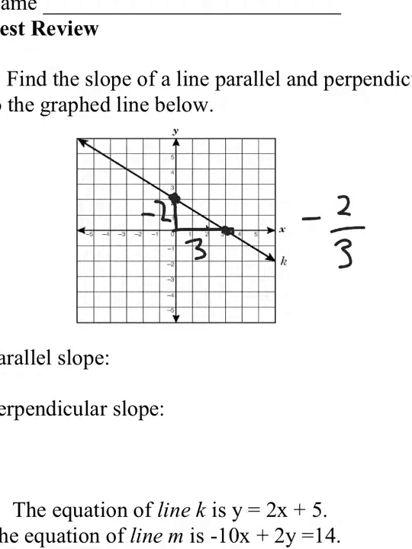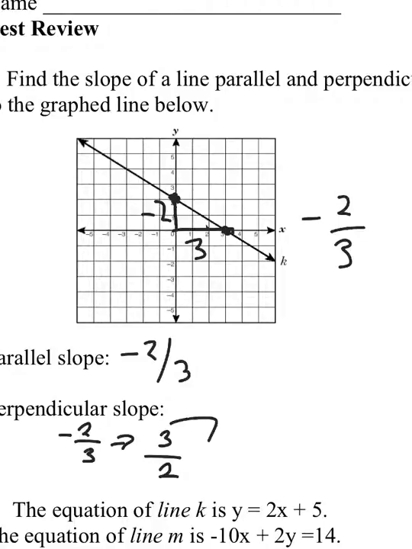A couple things to keep in mind. Because the line is going down from left to right, that's a negative slope. Parallel slopes are identical, so the exact same answer here, negative 2/3. Perpendicular slope, like we've talked about: you're going to take the slope, flip the numbers, change the sign.